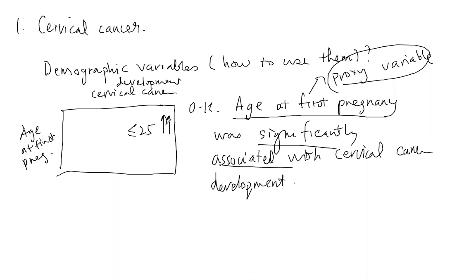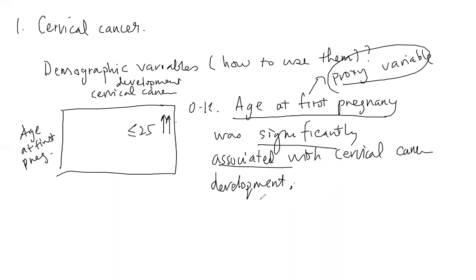But what is exactly the cause? If you only have age at first pregnancy and whether they developed cervical cancer or not, you can't say much other than that they are associated. So you need to bring in other demographic variables.